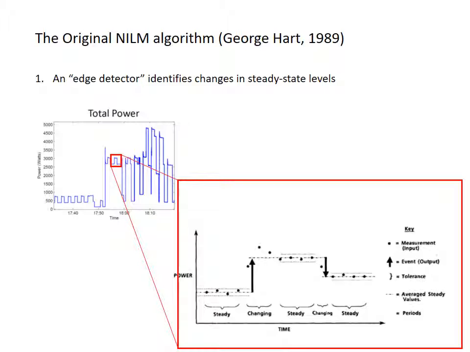We assume that there's some variation around the steady state, and we want to build in some tolerance for that variation, so we're not identifying these little tiny changes as step changes and then looking for devices associated with power changes of that size. We're just interested in the really big changes, so we have to build in some threshold of change that would qualify in the algorithm as an event, an edge, or a step change.